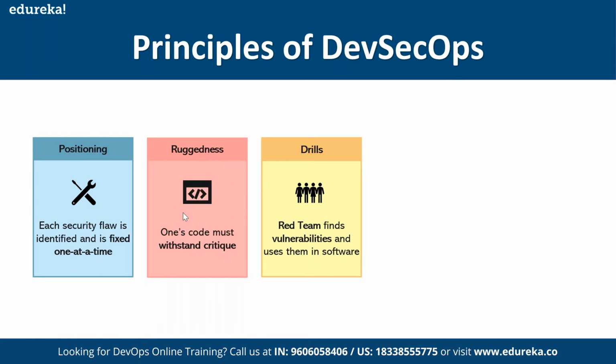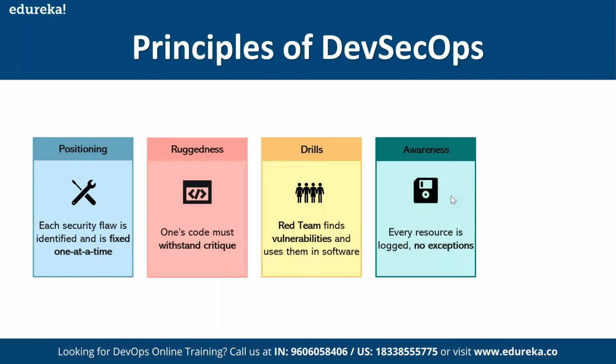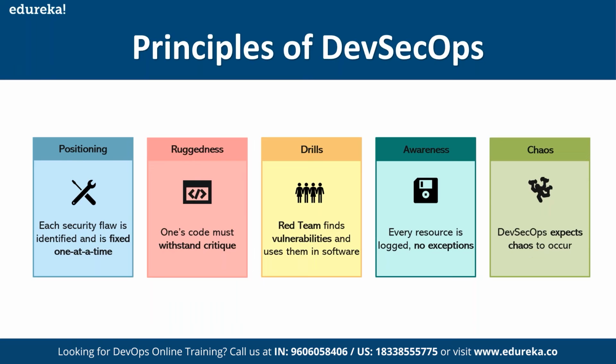All the vulnerable things should be identified on time. Drills: red team finds vulnerabilities and uses them in the software. Awareness: each source is logged, no exceptions. Anything that has to be found should be found on time. Chaos: DevOps experts cause chaos to occur. They are always ready to fix the issues. So these are a couple of the principles.